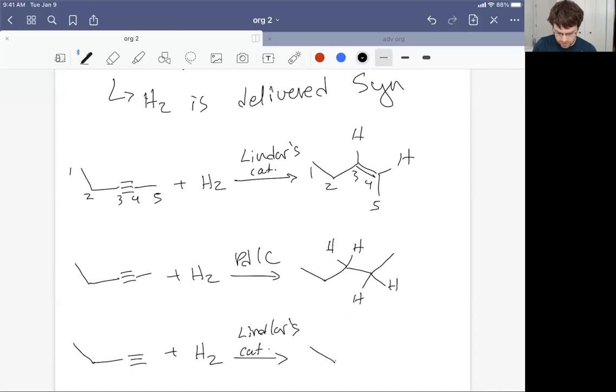So for this one, here is the product, but we already had a hydrogen present. And sure, I guess if we were isotopically labeling, then we would have to worry about it a little bit more. But the two hydrogens that come from the gas and are delivered by way of the metal that's been poisoned are, just like before, delivered syn, same face. You can be top or bottom just as long as you get to draw a cis product.